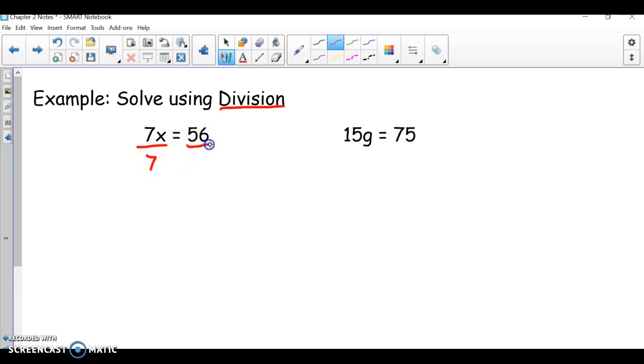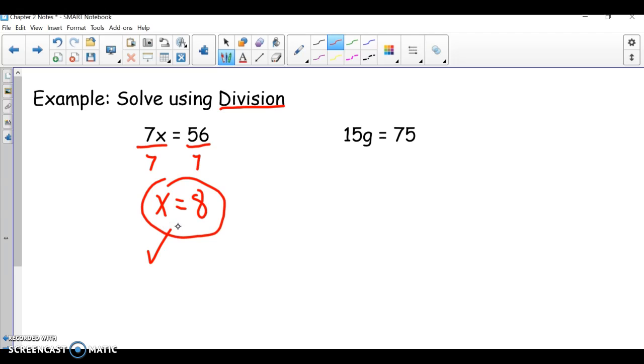If I divide this side by 7, I need to go to the other side and divide by 7 there. 7x divided by 7, 7 divided by 7 is just 1. So we have 1x, or x by itself. 56 divided by 7 is 8. So that's my answer. And a lot of you got that mentally.